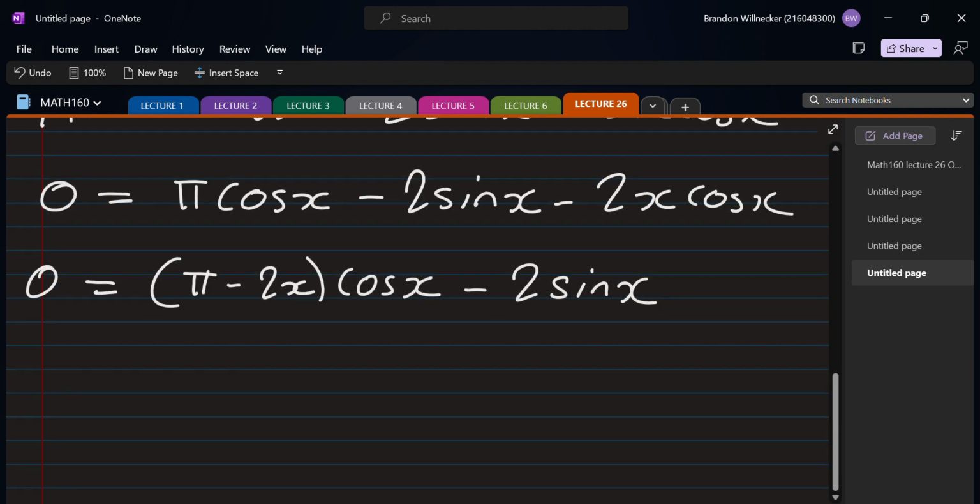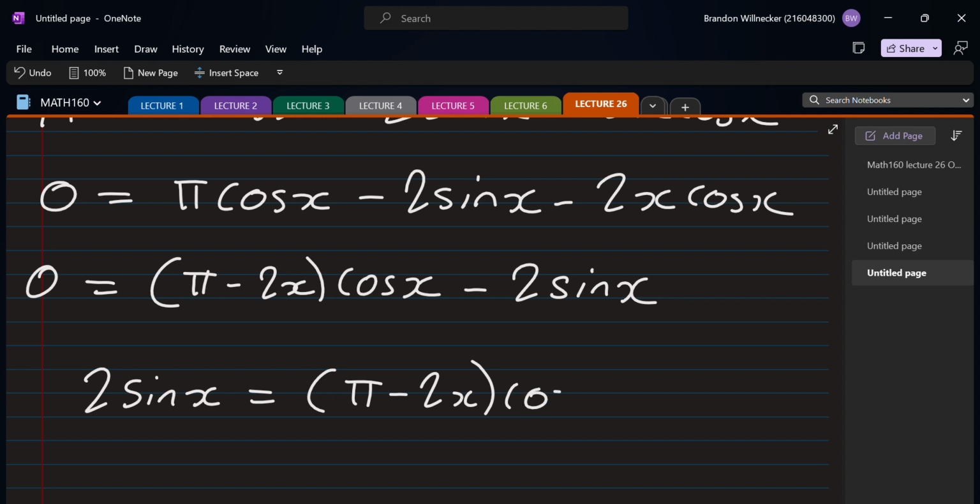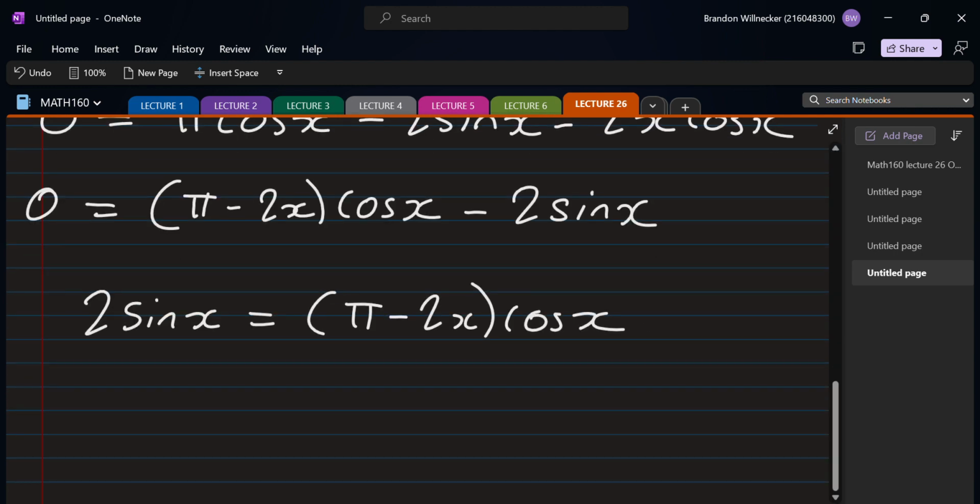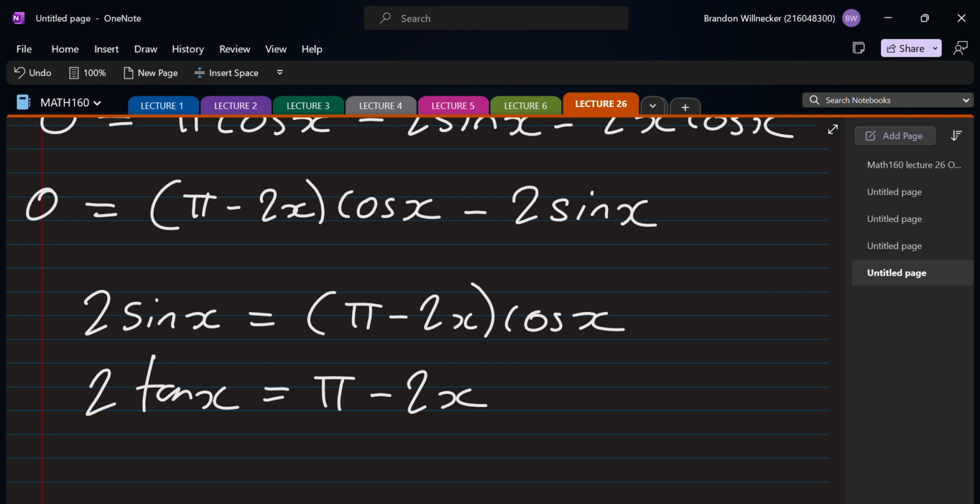Okay, we can take the sine x over, so we get 2 sine x is equal to pi minus 2x, times cos x. Okay, we can divide through by cos x, so we get 2 tan x, right? Sine over cos is tan, is equal to pi minus 2x.